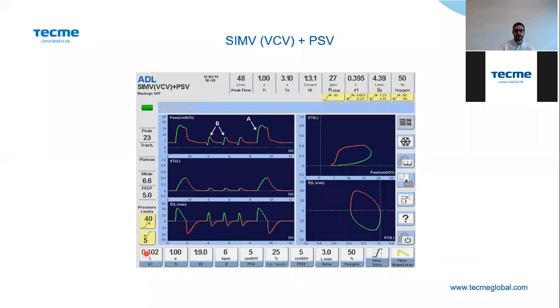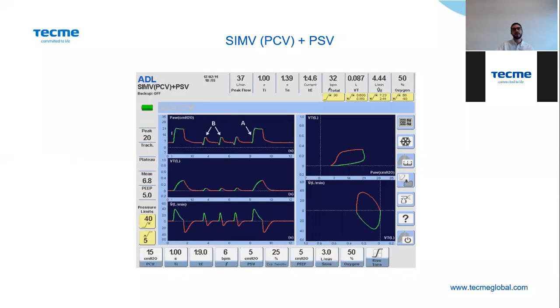So you're setting a tidal volume to reach here and here, and the pressure will depend on the patient. And then between mandatory breaths, we have pressure support ventilation here, okay? So here we have the pressure support configuration, right?